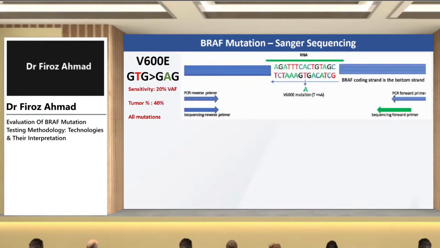Similarly, for molecular based assays, Sanger sequencing was the most widely used and gold standard in earlier days, but as the technology has evolved, we have moved from Sanger sequencing to real-time PCR to NGS. In case of Sanger sequencing, two sets of primers are designed, which cover the outer region of the V600E region. Once the PCR amplification is done, the sequencing is done with a reverse primer, another set of primers.